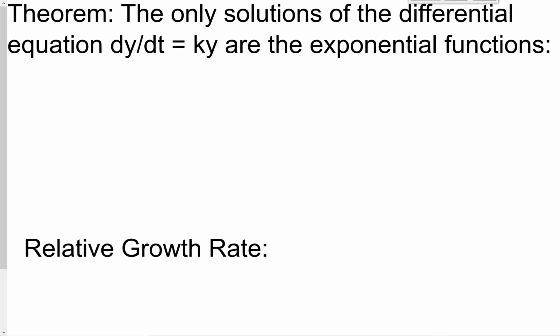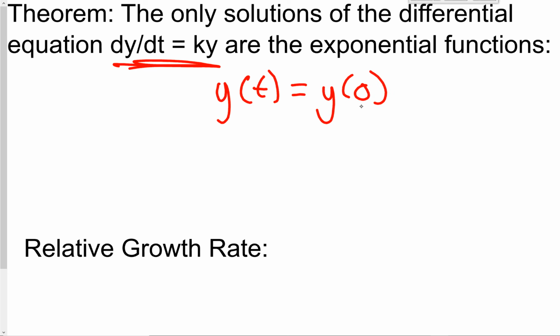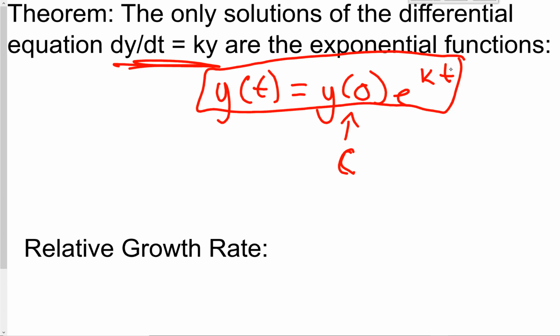This theorem gives us a solution to this differential equation in the form of this exponential function, because when our time is 0, the population is just c. So we have this theorem that allows us to solve this differential equation.